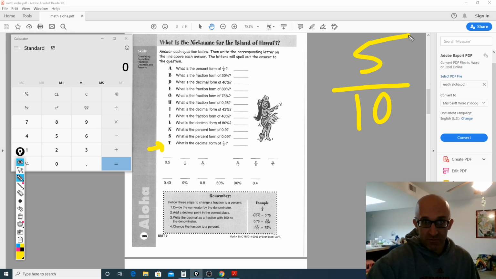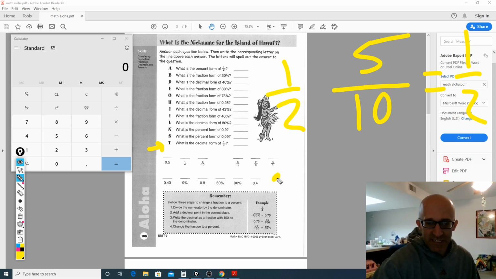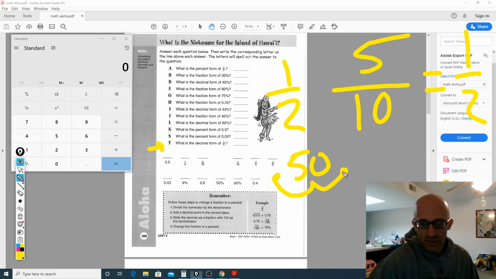If you reduced 5 over 10 to its lowest terms, that would be 1/2. So 1/2 to a decimal, 1 divided by 2 is 0.5. And then moving that decimal to a percent, you move it 2 to the right, which makes that 50%. Hope this helps.